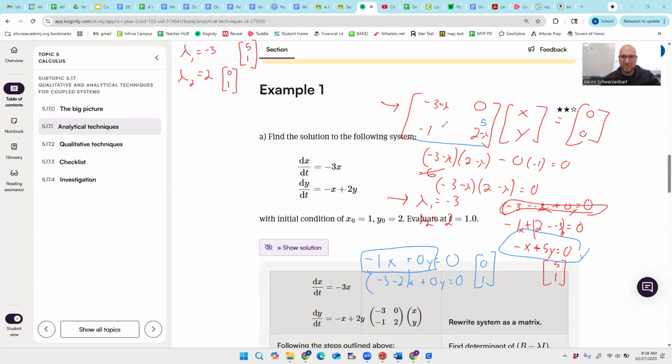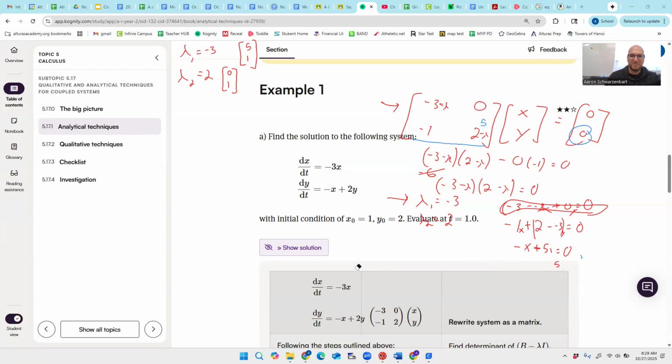That makes it a 5. -1 times x plus 5 times y equals 0. That's how you get eigenvectors. That's just the rule and the definition for getting an eigenvector. That's why we reviewed that a couple weeks ago. I guess we'll review it again on the next one instead of using your calculator.